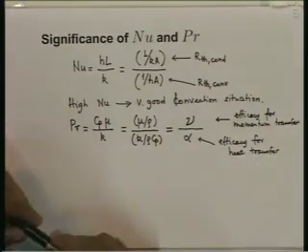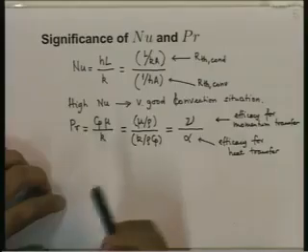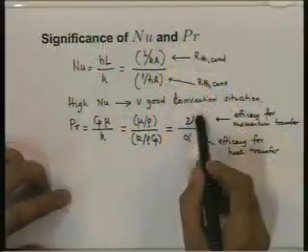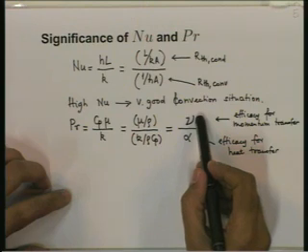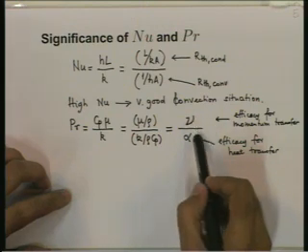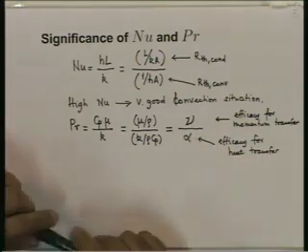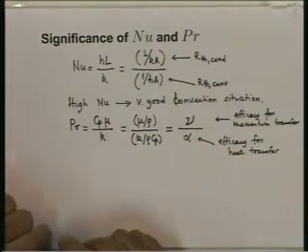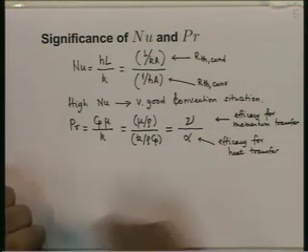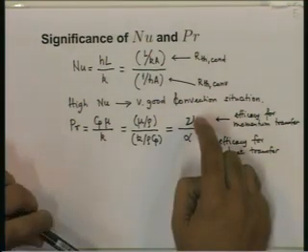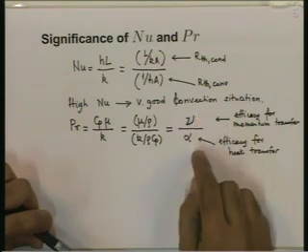So Prandtl number in essence represents the ease at which a fluid is able to transfer momentum or shear forces to the ease by which the fluid can transfer heat. Naturally, we expect a fluid which has a high viscosity to have a high Prandtl number. A fluid which has a high conductivity will have a low Prandtl number.